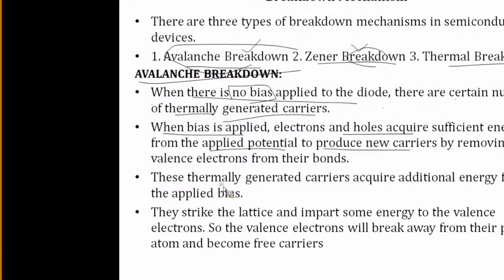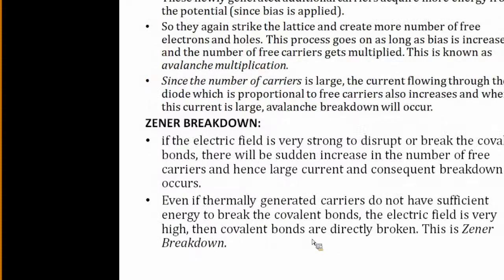And these thermally generated carriers acquire additional energy from the applied bias. Now, if they strike the lattice and impart some energy to a valence electron, the valence electron will break away from its parent atom and become a free carrier. I will explain this with the help of the diagram.